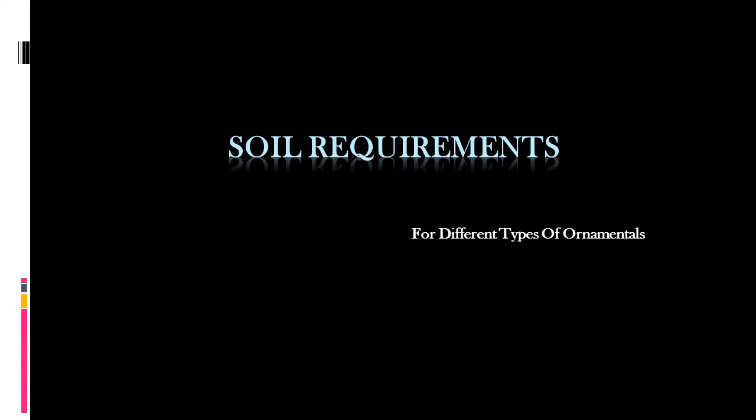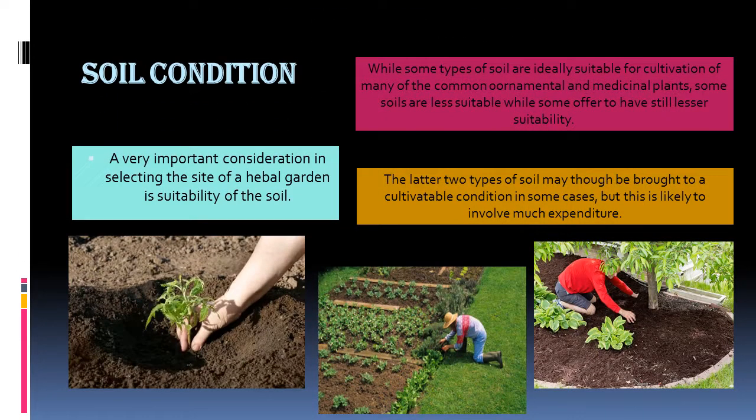Today we will learn about soil requirements for different types of ornamentals. Actually, soil is a very important consideration in selecting the site of a herbal garden and the suitability of the soil. While some types of soil are ideally suitable for cultivation of many of the common medicinal plants, some soils are less suitable, while some have still lesser suitability.